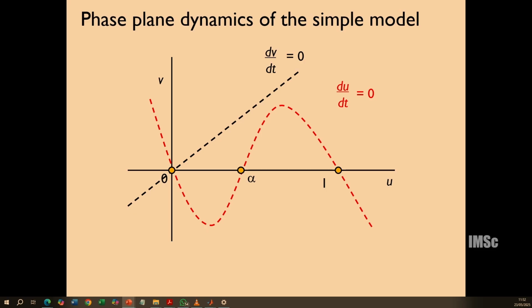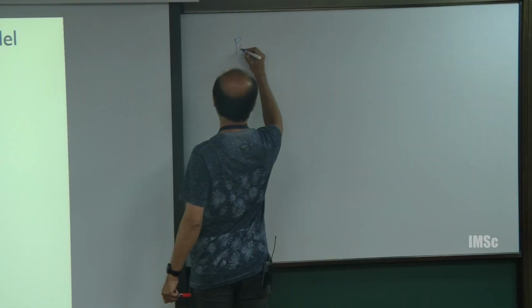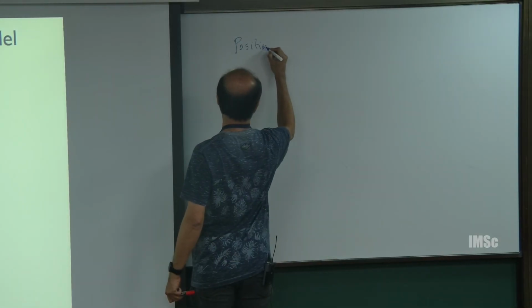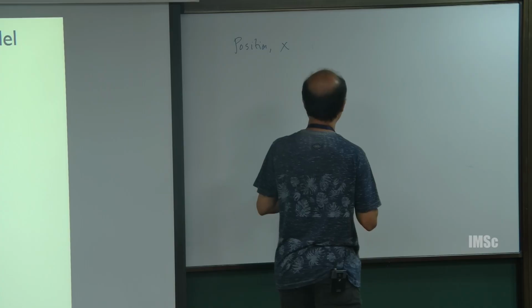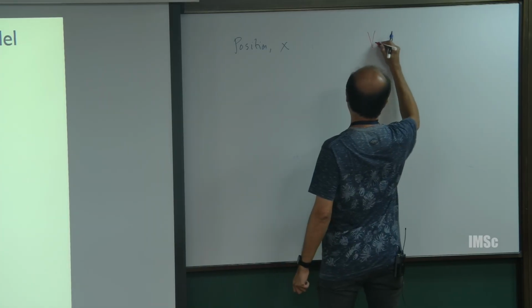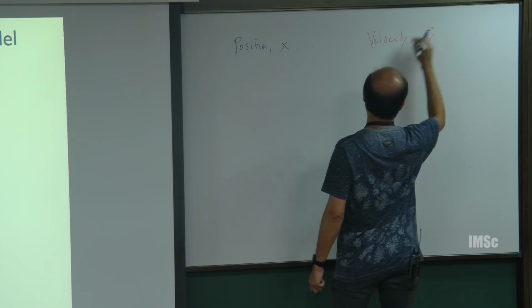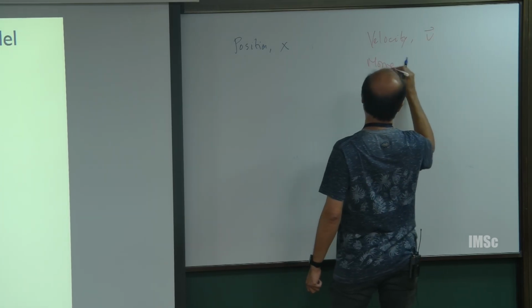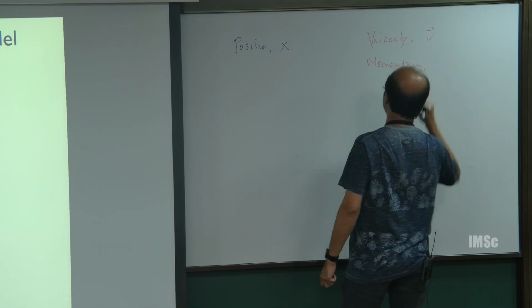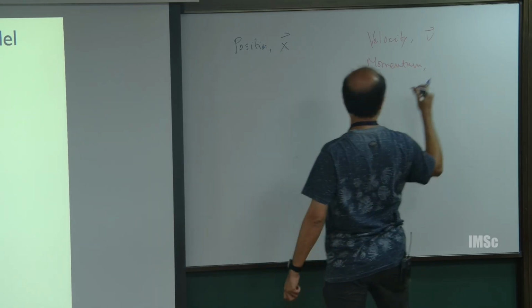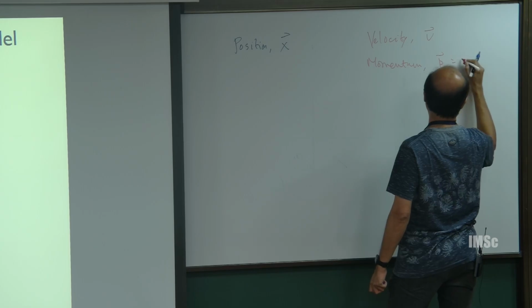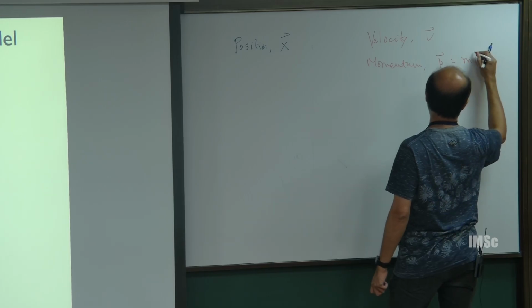So the relevant variables here are actually position, which is x, and velocity v, or equivalently momentum, p equal to mass times velocity.